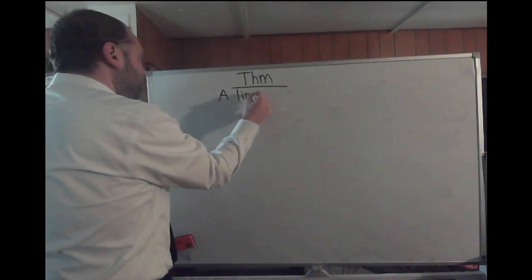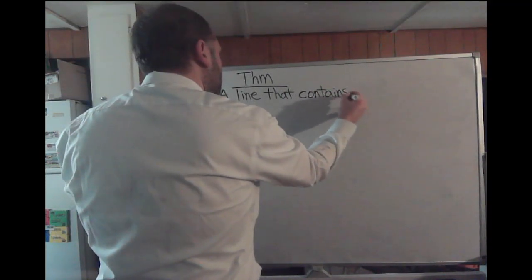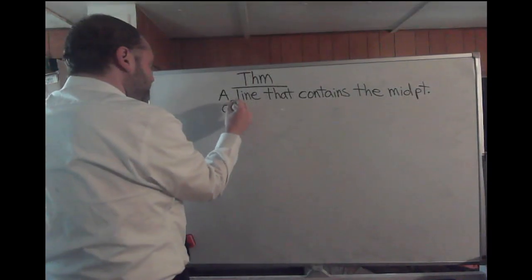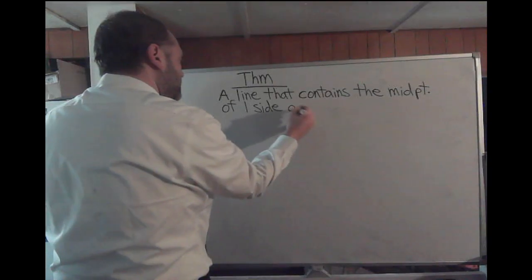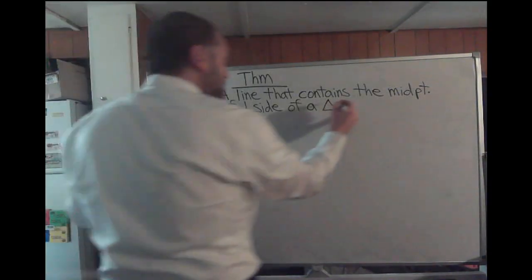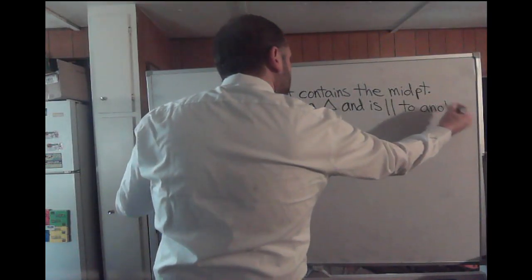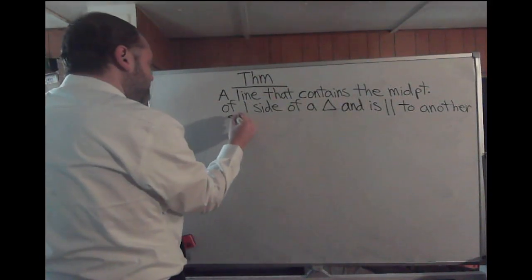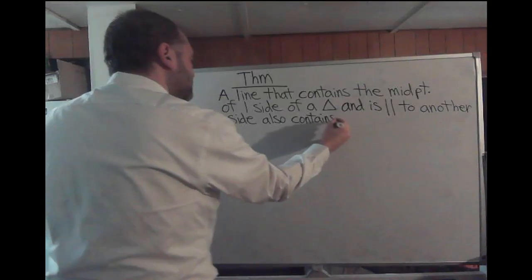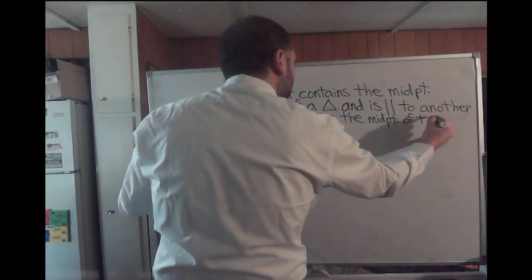A line that contains the midpoint of one side of a triangle and is parallel to another side also contains the midpoint of the third side.